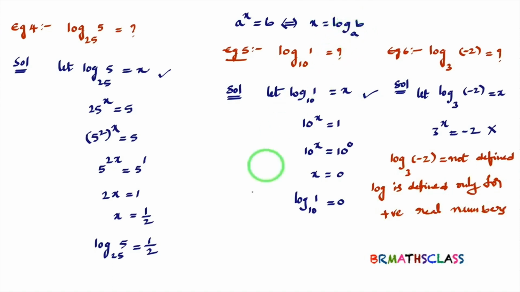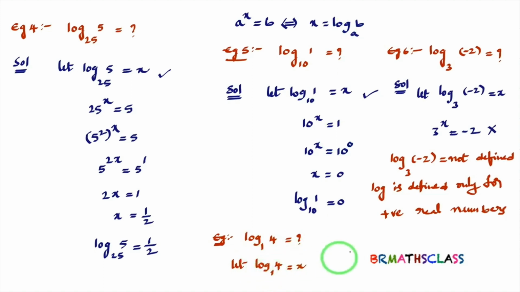Now the last example, log 4 base 1. What is its value? You observe here, we know that logarithm is defined for positive real numbers and the base value cannot be equal to 1. Here base value 1 is there. This is not defined. In case you don't know all those things, try to do this in the regular method. What is that regular method? I'll consider log 4 base 1 value as x.